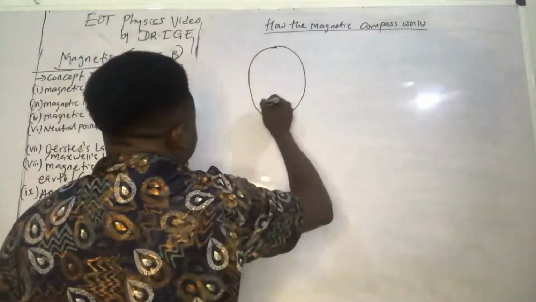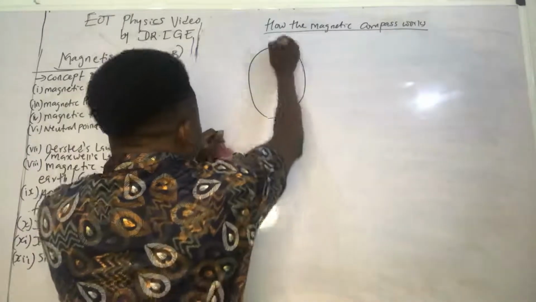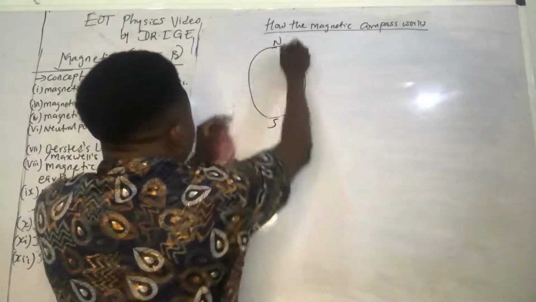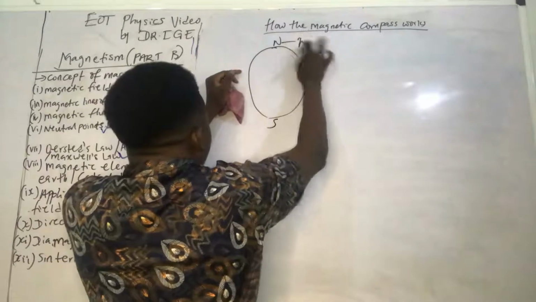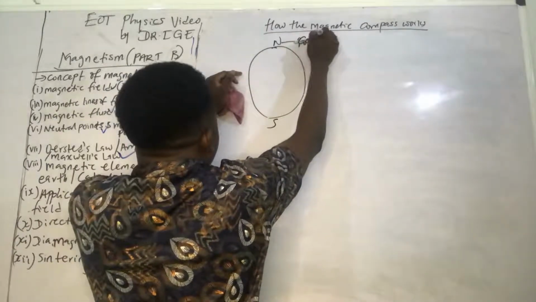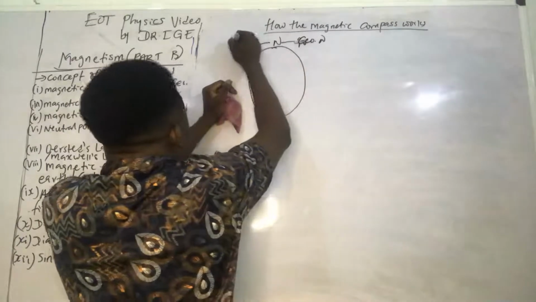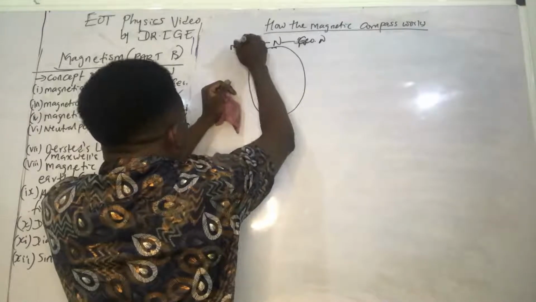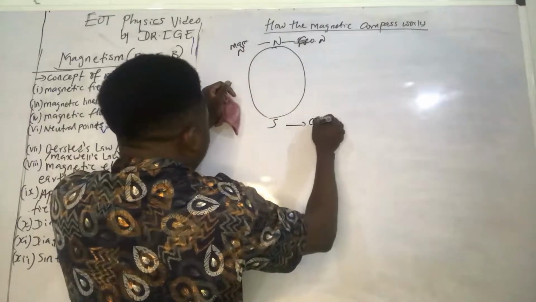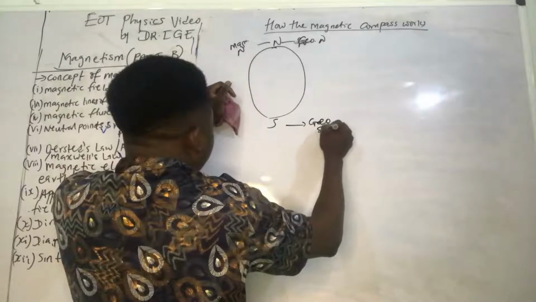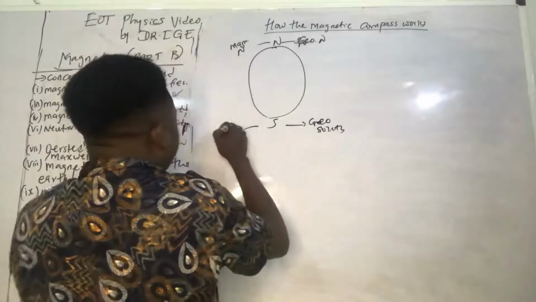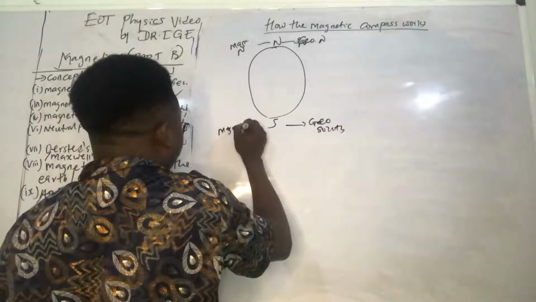Now let's go back to diagrams. Pardon my drawing. Let's say this is the Earth. This has a north pole. We have the geographical north. It can be the geographical north or the magnetic north. Here can be the geographical south. Actually, I don't want to write two south poles and two north poles.